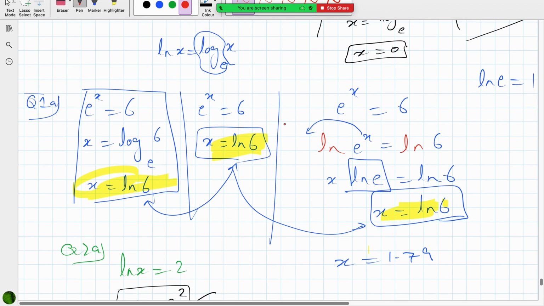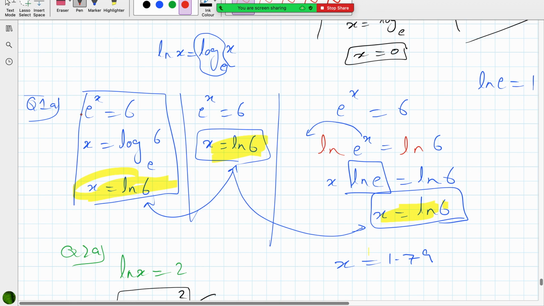Either you go directly or you apply log. This is where we applied log, this is where we went directly, and the last one was you apply ln on both sides. No matter how you do it, you end up with the same answer.